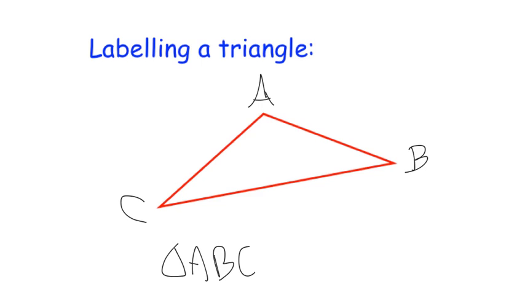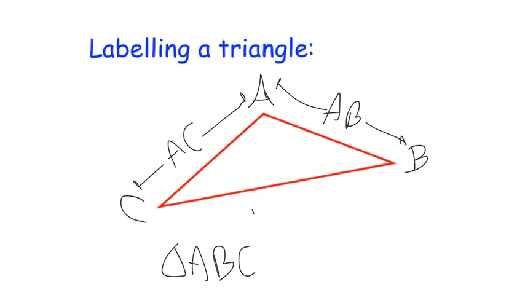but also by labeling the triangle this way, I have not only labeled the vertices, I've also labeled the sides. So this side, for example, here is side AC. Okay? And also this side is AB.